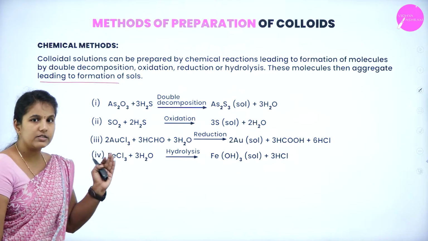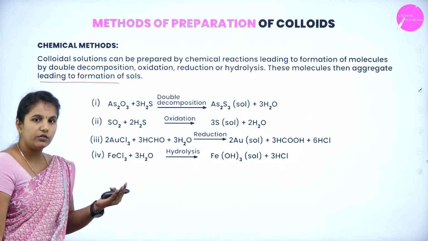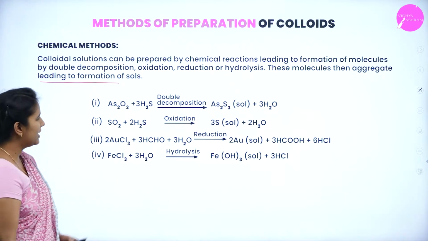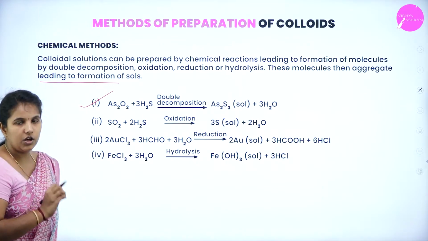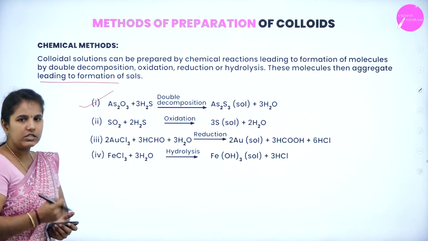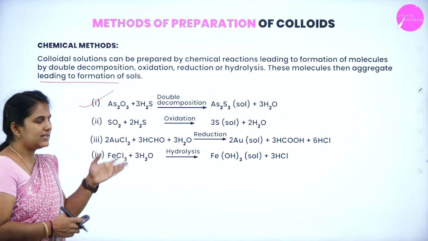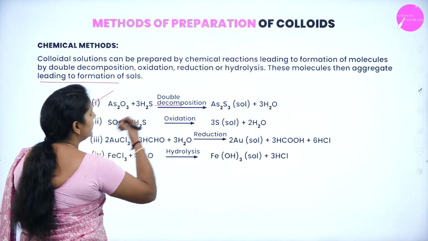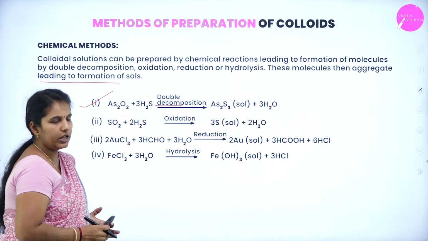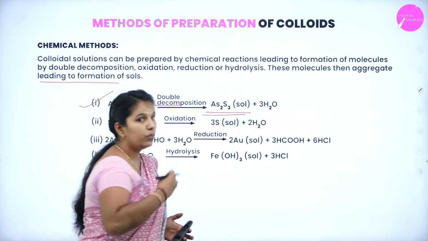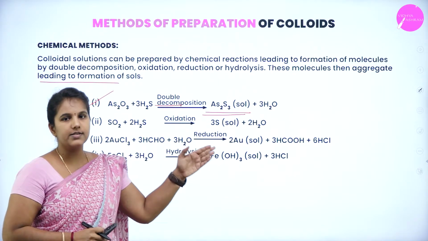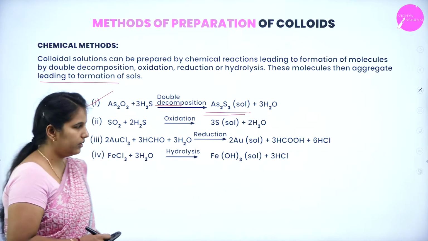These are the different kinds of reactions which lead to the formation of colloids. Let's see the first one. I am talking about arsenic oxide. When arsenic oxide reacts with H2S gas, and this is a double decomposition reaction, what does it form? It will form arsenic sulfide, which is the sol, along with the release of water molecules.